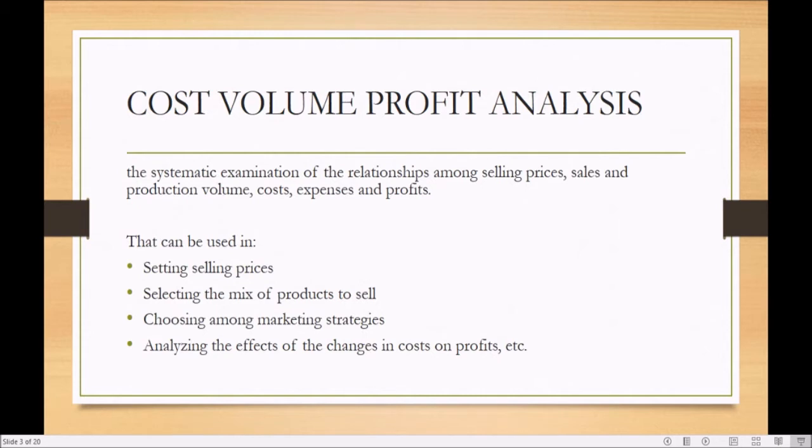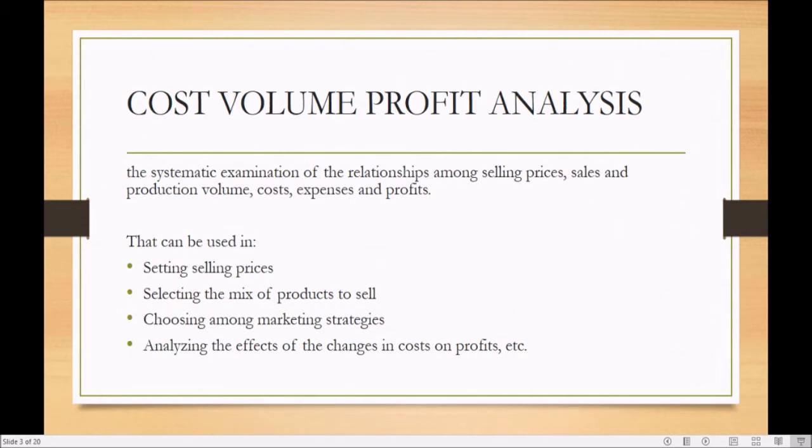And then, fourth, we can analyze the effects of the changes in cost on profits. So, we will also understand in cost volume profit analysis what the effect of a change in cost on our profit is. Will it be a favorable effect or unfavorable effect? Those are the most common usages of CVP analysis.